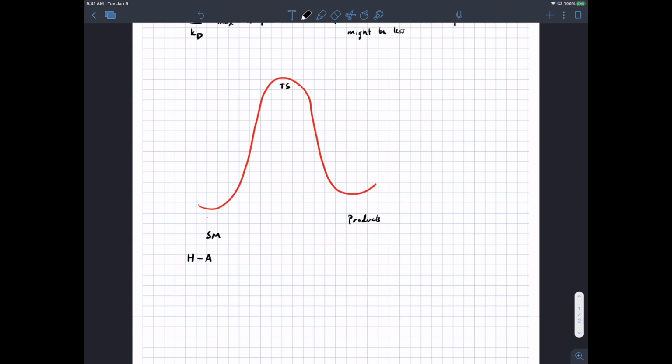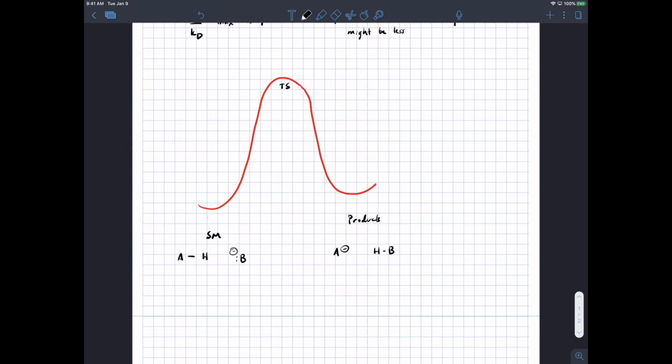So you have your acid, you have some base, and then after the reaction, you have the conjugate base of your acid, and then your protonated base.